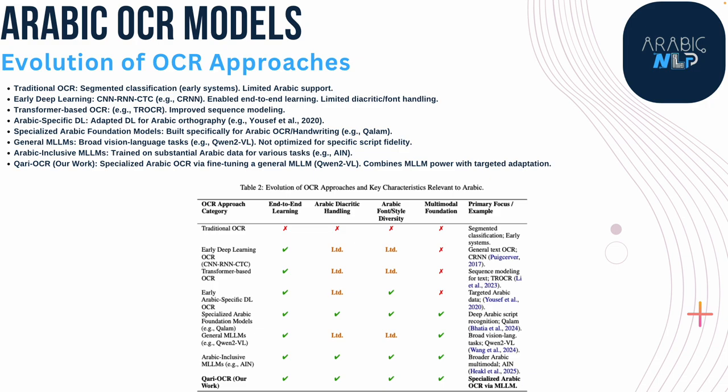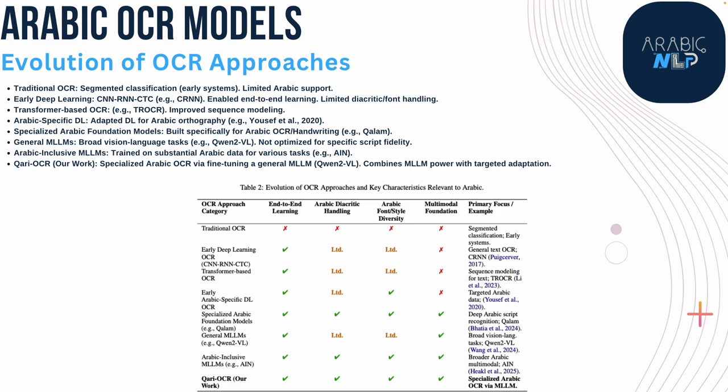Some researchers developed Arabic-specific deep learning approaches, using AI directly for Arabic's unique writing rules. More recently, we have seen foundation models such as Qalam built specifically for Arabic OCR and handwriting. And we have seen the development of multimodal LLMs and vision language models such as Qwen 2 VL, VL for vision language.